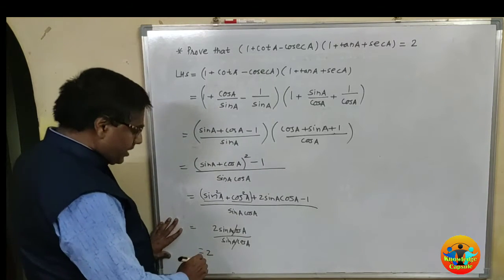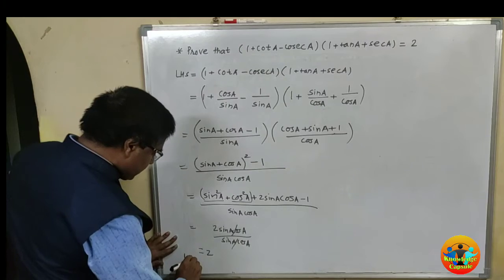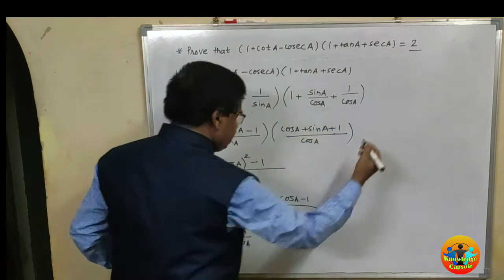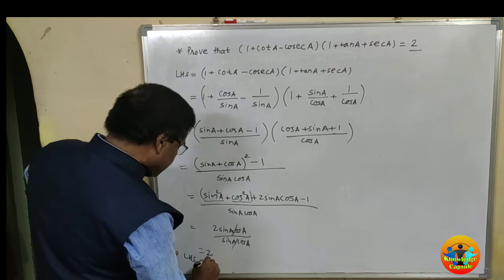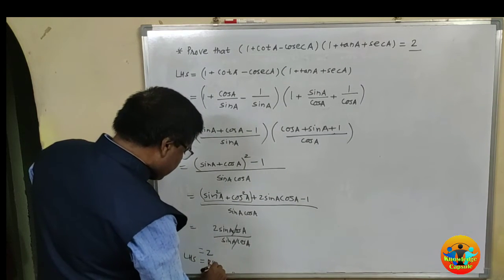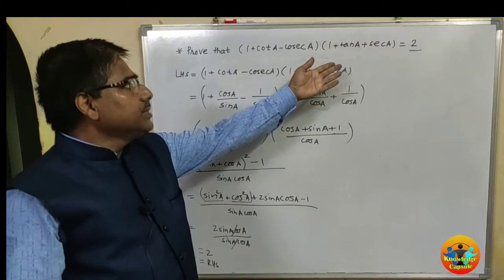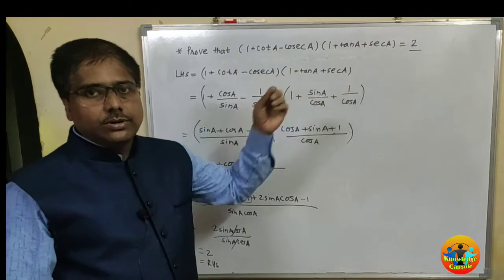Therefore LHS is equal to RHS. Hence it is proved: 1 plus cot A minus cosec A into 1 plus tan A plus sec A is equal to 2.